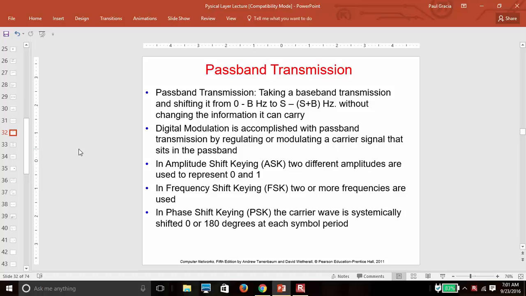And as far as making changes to represent ones and zeros, or represent bits, we're going to make changes to the carrier signal that sits in that particular passband.